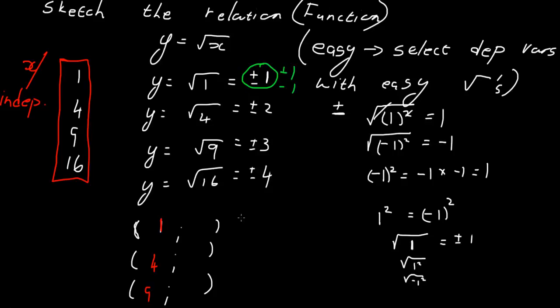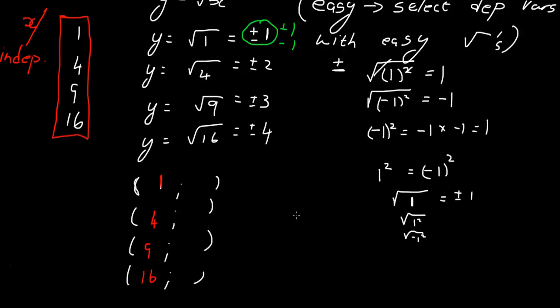Okay, so we actually need two sets of ordered pairs for each independent variable. So let's draw those out. And we're going to put the same independent variables here, 1, 4, 9, 16.